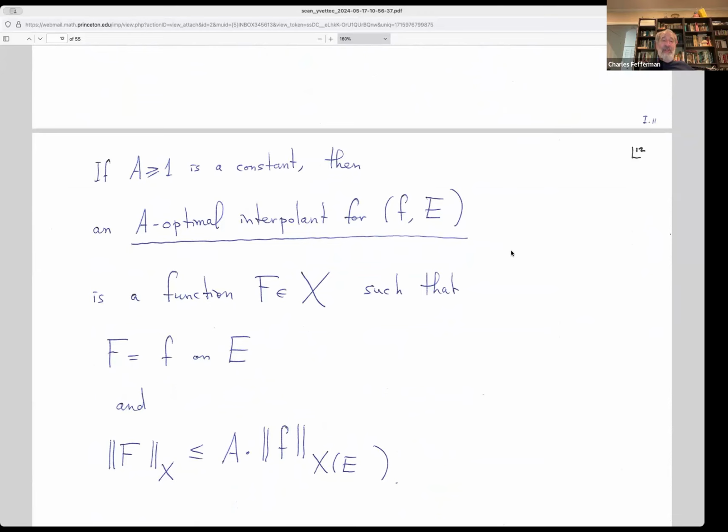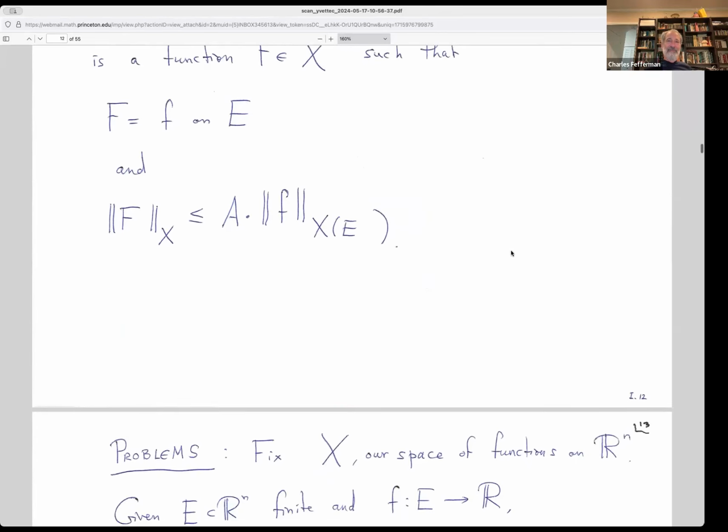So if A is 1, that means that in fact the norm of capital F is the least possible. In particular, there's a minimum. So in fact, in simple examples, you can't take A to be 1. But for practical purposes, ultimately this is supposed to be practical. We'll see whether it ever is. But if A is not so big, this is useful.